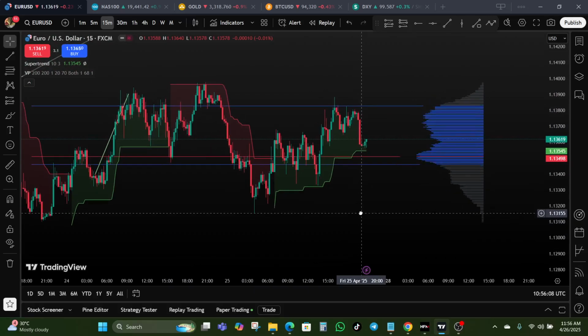Now, breakouts that are fueled by high volume tend to be the real deal. Okay, so volume profile can help you to see where trading volume has been concentrated, so you can identify important support and resistance levels.